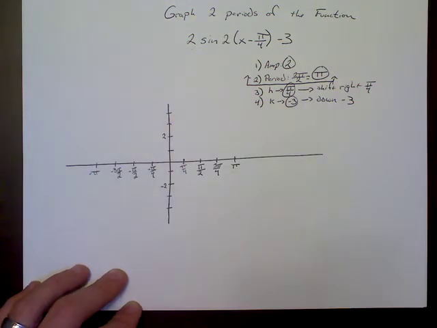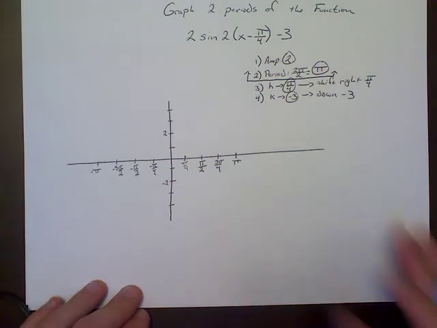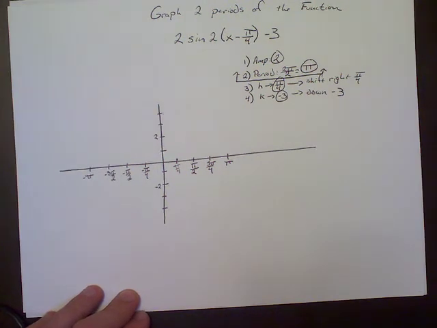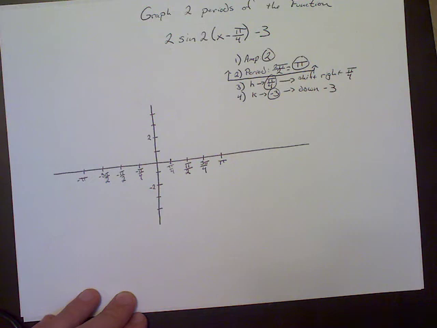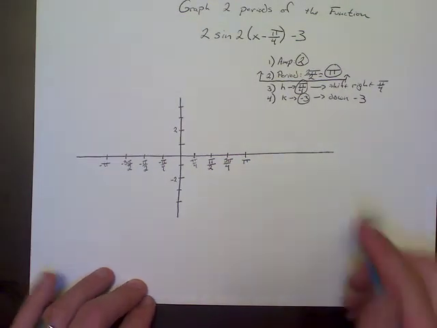I like to label everything right off the bat. Now I'm going to use a few different colors here. There are multiple ways to graph, and over time I'll show you some other ways if this one doesn't make sense, but I think this is one of the easier ones to use and manipulate.